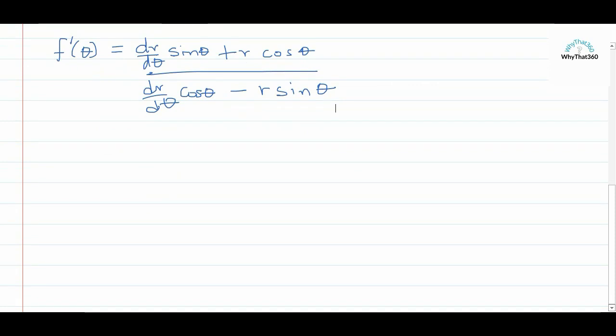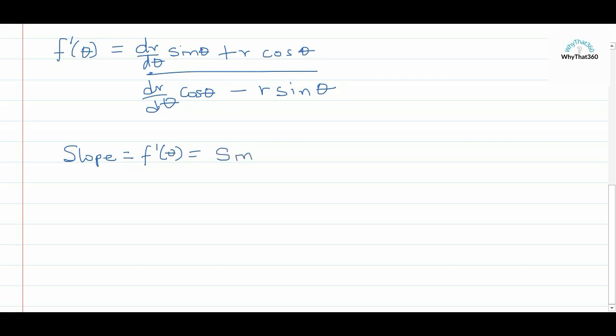So we will go ahead, plug in the values, and get our slope or the gradient function, which is the same as f prime of theta, to be equal to sine theta.